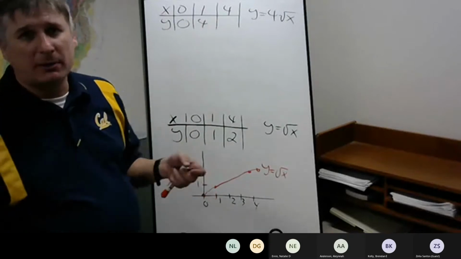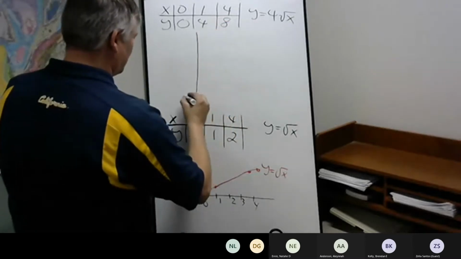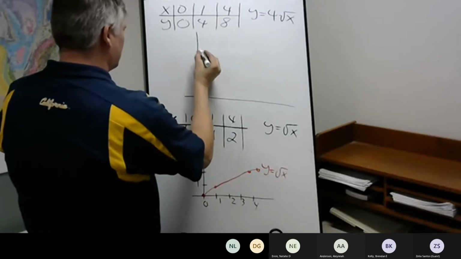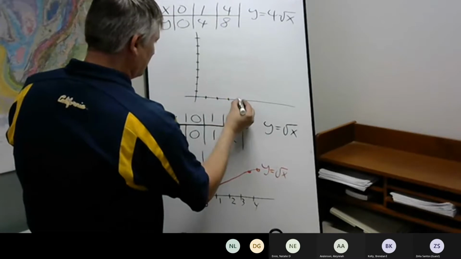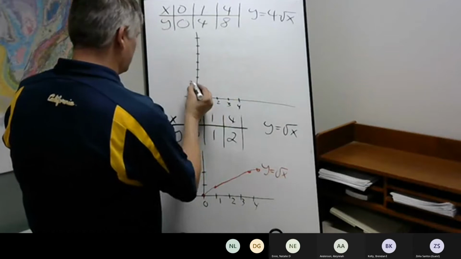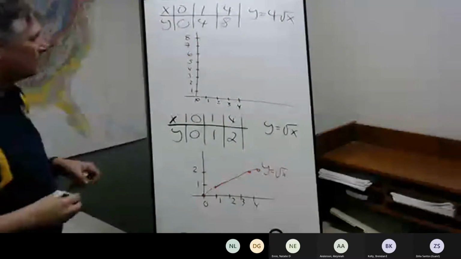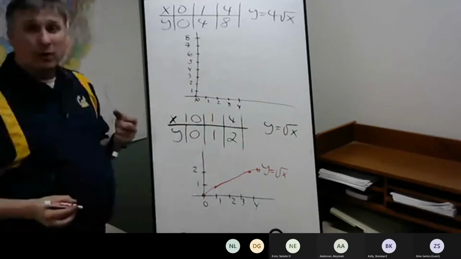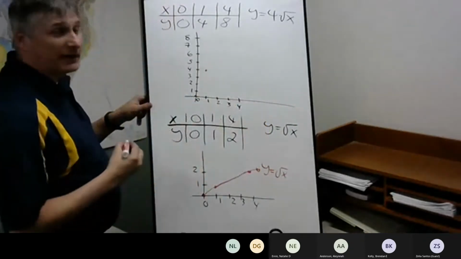Square root of 4 is 2. 2 times 4 is 8. So once again, 0 and 0. Now it's 1 and 4. And then 4 and 8.